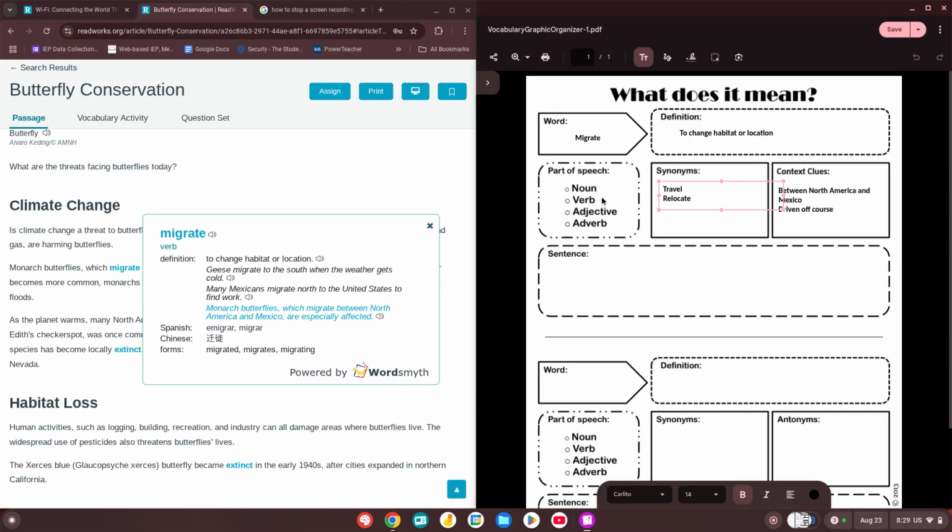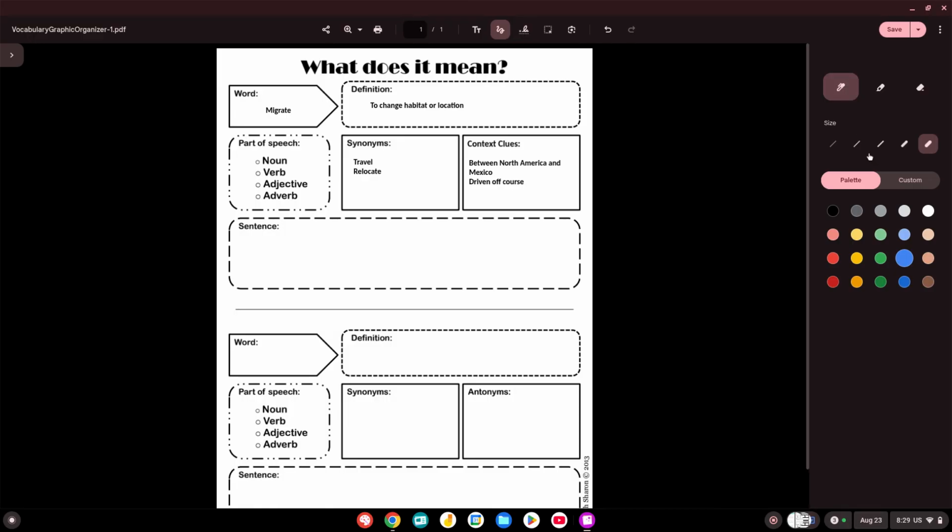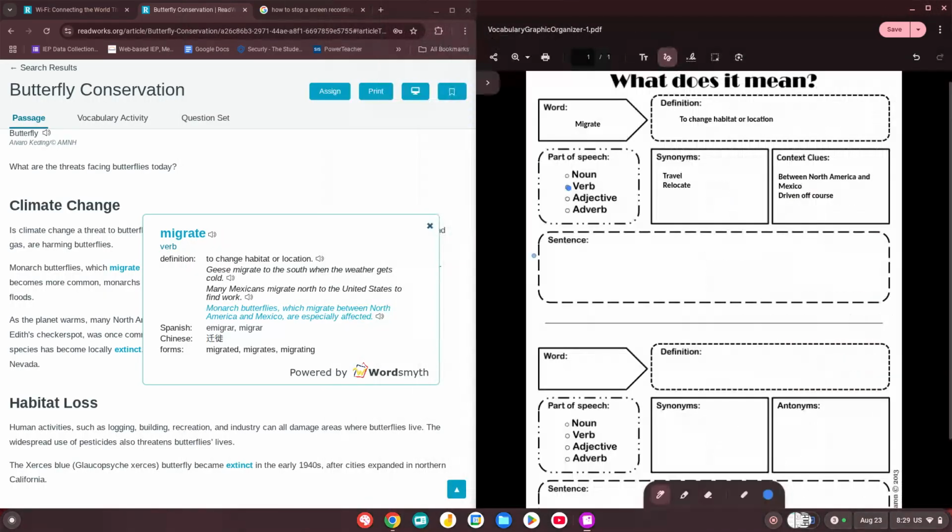Now we go to parts of speech and ask, is it a noun, verb, adjective, adverb? We know verb is an action word, so I am going to put a little dot there. You can circle it, do whatever you like, just show me that you know what part of speech it is. Then we're going to write a sentence.